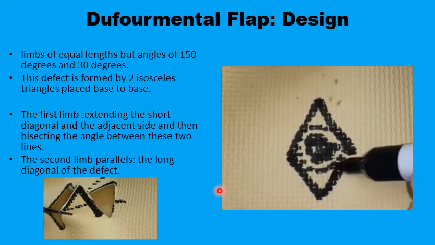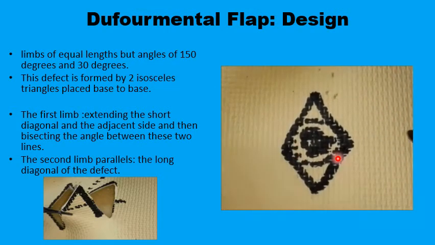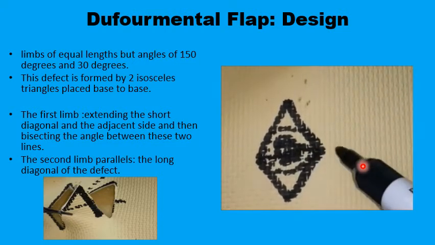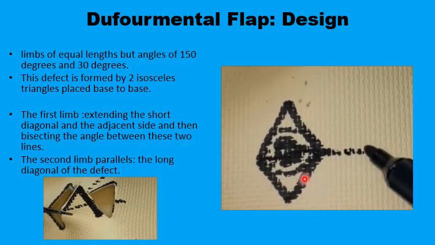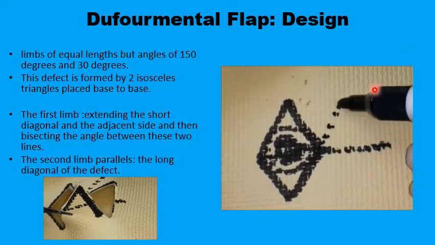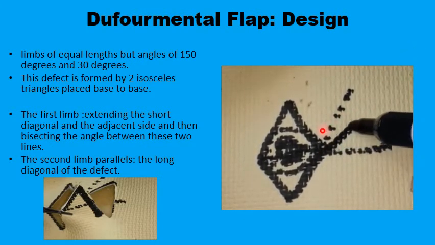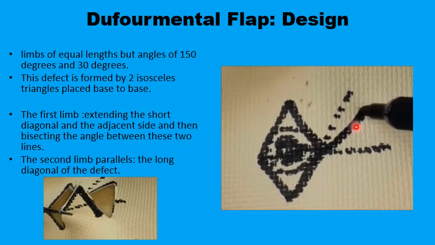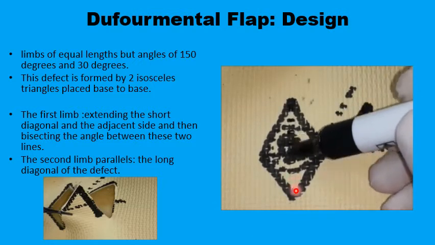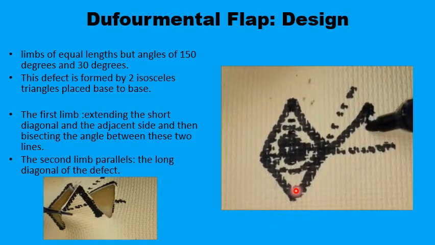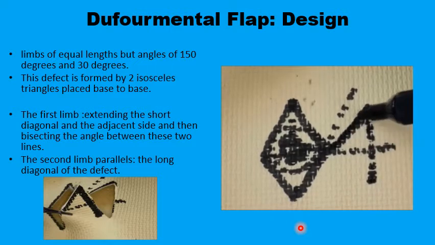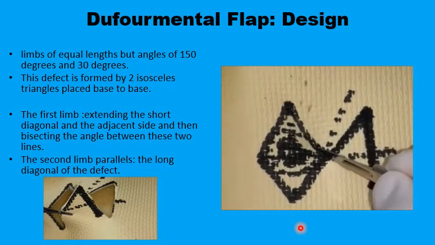You first extend the short diagonal to the outside, draw a line, and then extend one of the sides of the rhomboid and draw another line and bisect the angle here, and that's the first limb, and drop from there a line parallel to the long diagonal of the rhomboid, and that would be the flap, the Dufourmental flap.